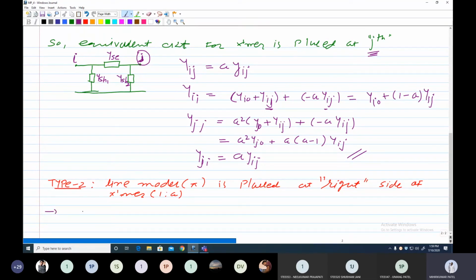We have considered previously a 2-bus network. Similarly, we have again considered a 2-bus network where now the transformer is placed at the ith bus. Previously, it was placed at the jth bus.